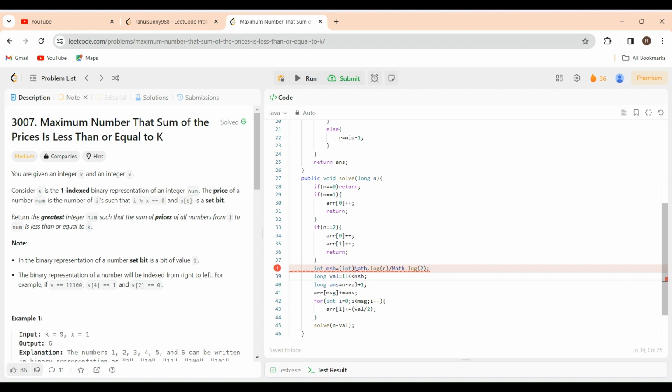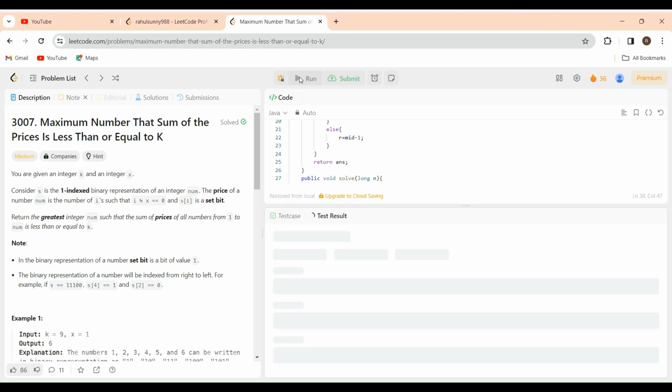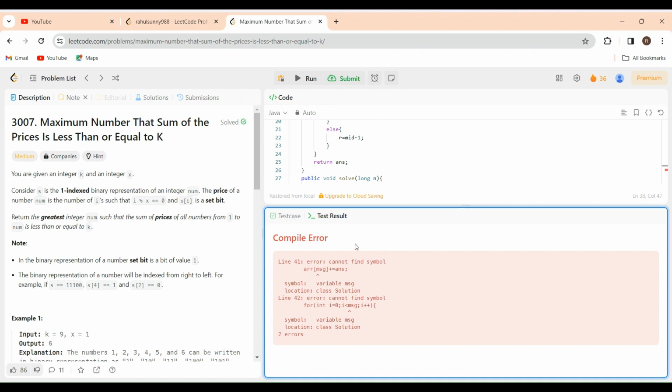So if we put this in brackets, then we can get it.